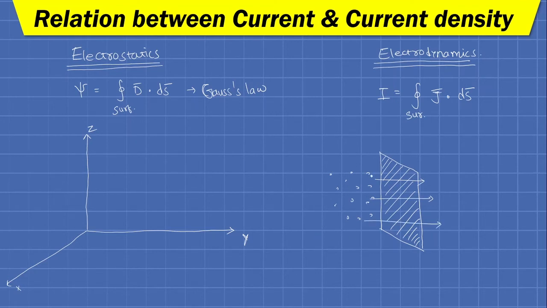Now if I imagine these free charges, which may be free electrons or positive ions, as a cloud of charge, then this cloud will span some volume in space, and the movement of this cloud can be referred to as the current passing through this surface.